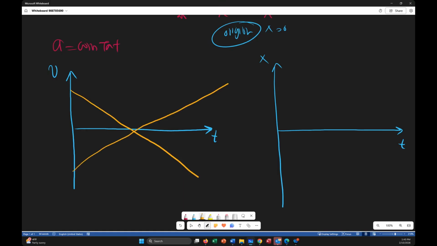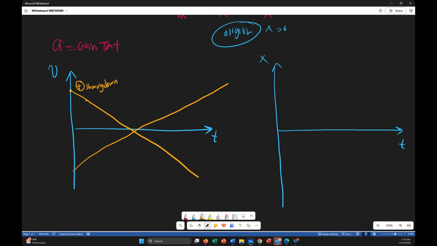What is the velocity value here? Positive, so you are moving to the right. But what happened to the magnitude of velocity? Let's say this is 10. A couple of seconds later, it is going to be less than 10, and at one point becomes 0. Slowing down to the right.